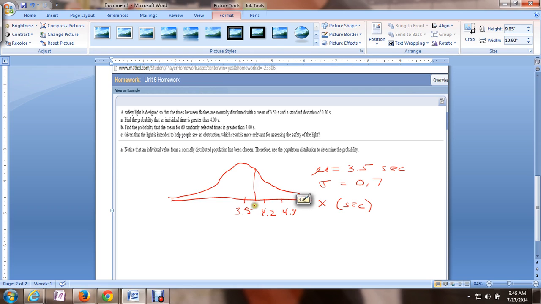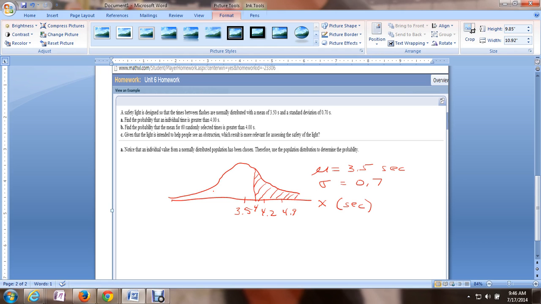They want to know the probability that a single flash lasts greater than 4 seconds. There's a couple of ways you can do it. You can convert this 4 to a z using x minus mu over sigma and use the tables. But as you know, I prefer to use StatCrunch.